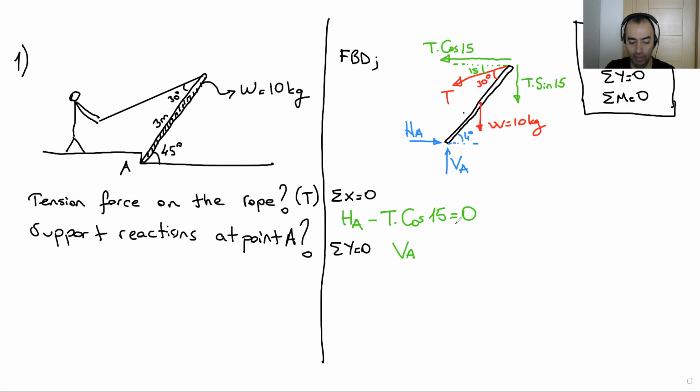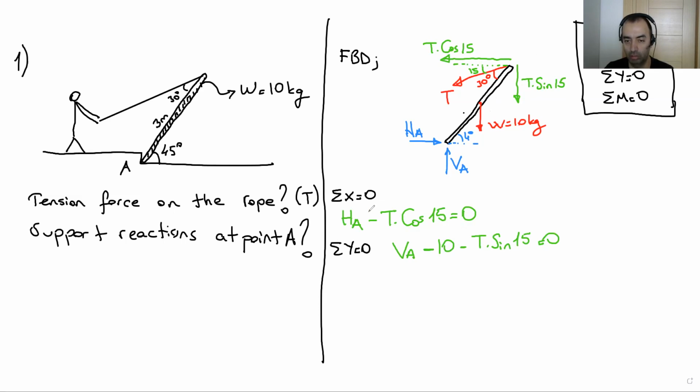Then in the negative direction we have 10, and again in the negative direction I have T sine 15.